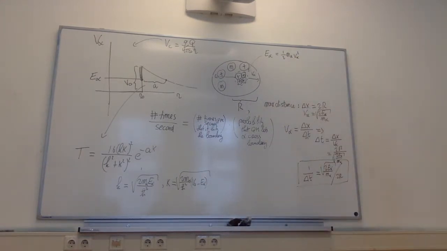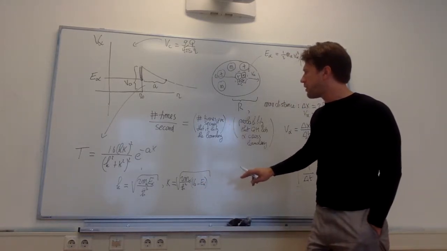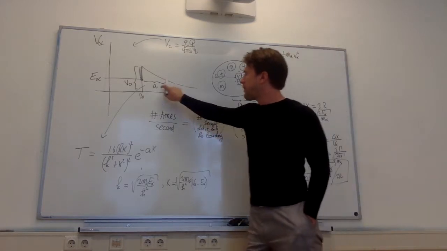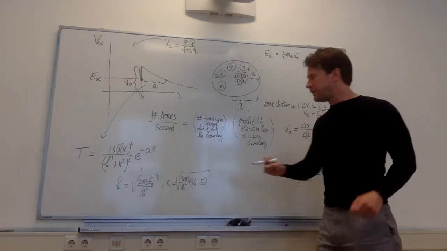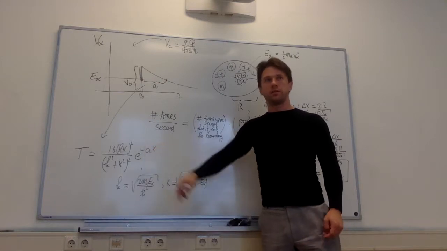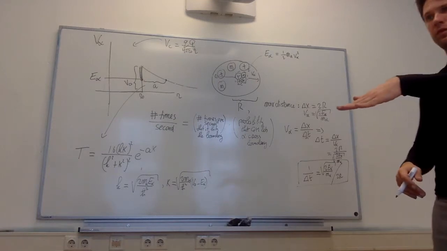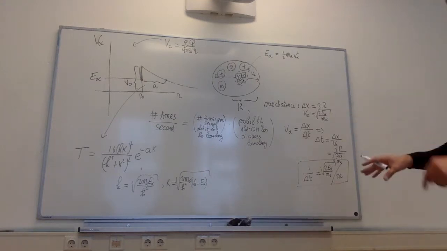There's another thing going on: if the width, here's the width, is very wide, the same thing happens, and this exponent also becomes very big. Which also makes sense. The wider the barrier is, the more difficult it is for the particle to come flying out. So everything that you want to know is in there.